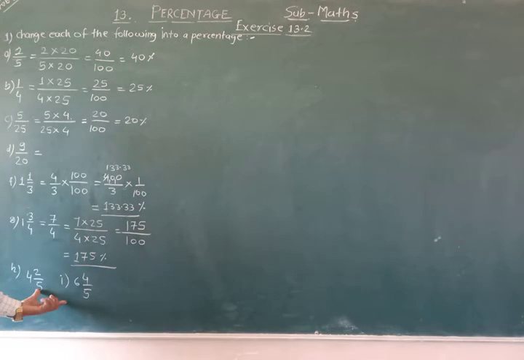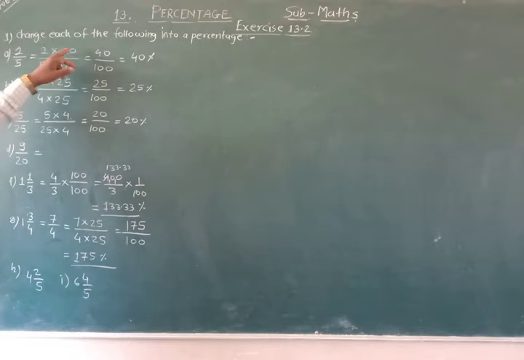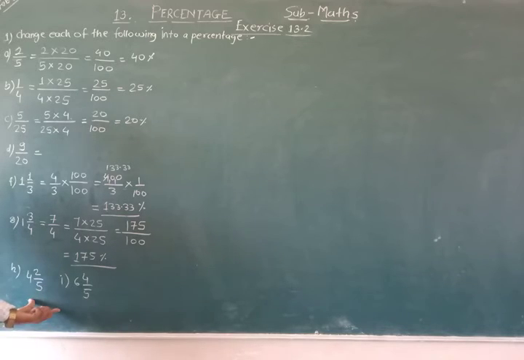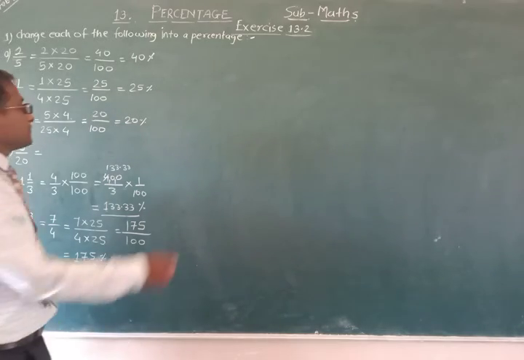Here the denominator is 5, so first convert into an improper fraction. 5 4s are 20, 20 plus 2 is 22, so 22 upon 5. In the denominator 5 is present. You know which number multiplied by 5 gives 100? 20 5s are 100. So in the numerator and denominator multiply by 20 and then convert into percentage. These 2 examples you do it. Thank you.